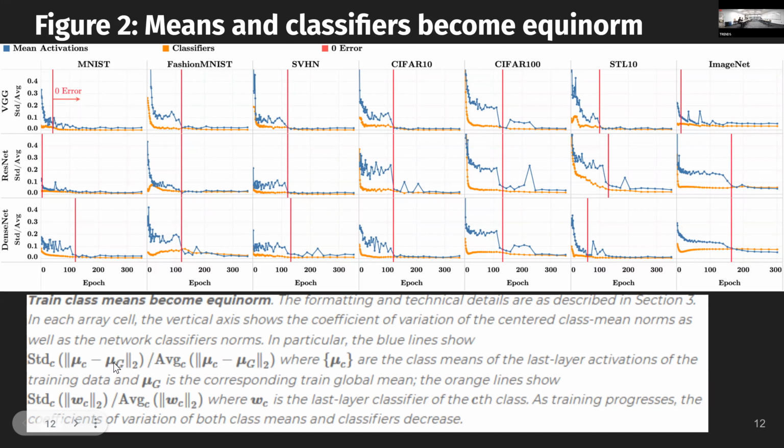The standard deviation of these class means over the average of the norm converges down to zero. So they're saying that the variation over the mean is going down to zero. What does everyone think about this? And more importantly, they're showing that this is occurring.